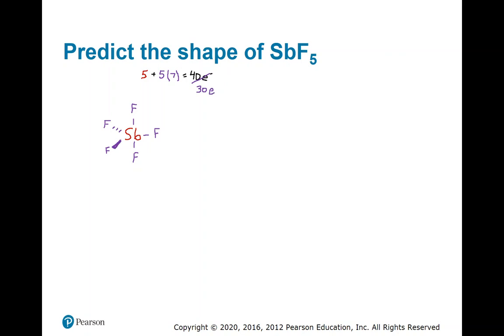The next step is to place those electrons around the fluorine atoms to complete their octets. We have 5 fluorines, and they all need 6 more electrons to do that. So that's exactly going to consume all 30 of these electrons, and we won't be putting any electrons on our antimony atom. So we put 3 lone pairs on each of our fluorines.